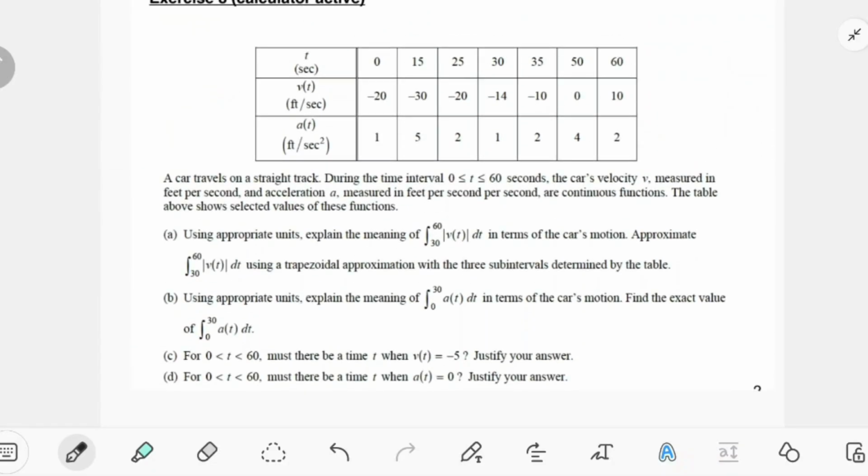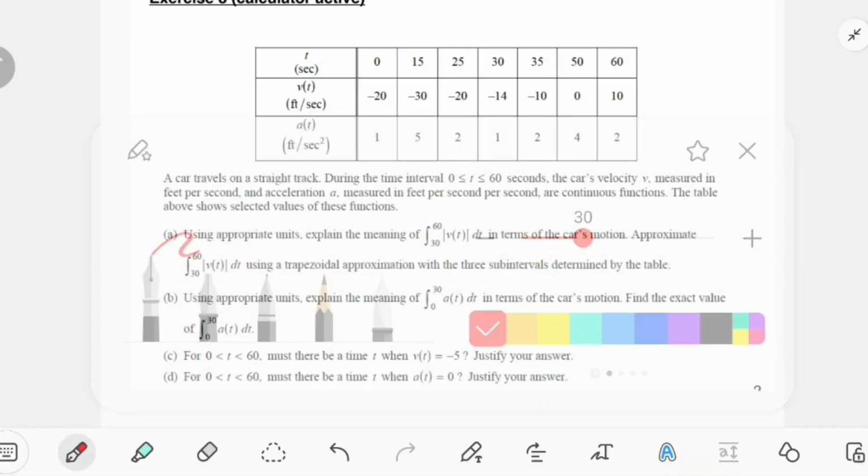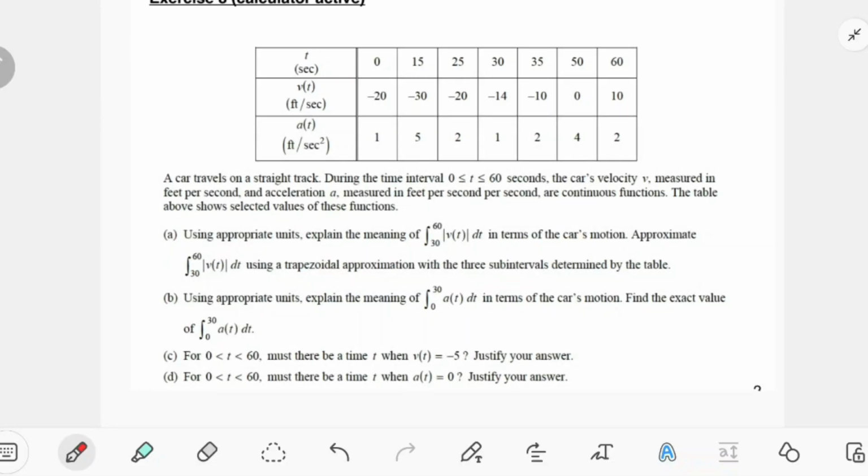So based on the data table, the subintervals from t equals 30 to t equals 60 are 30 to 35, 35 to 50, and 50 to 60.